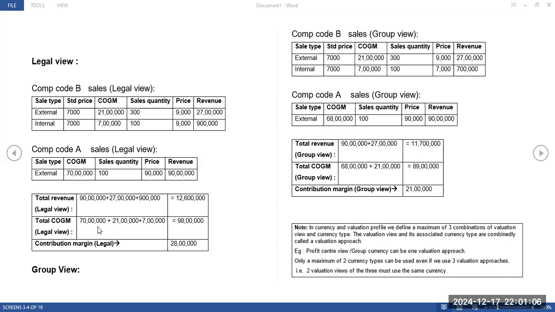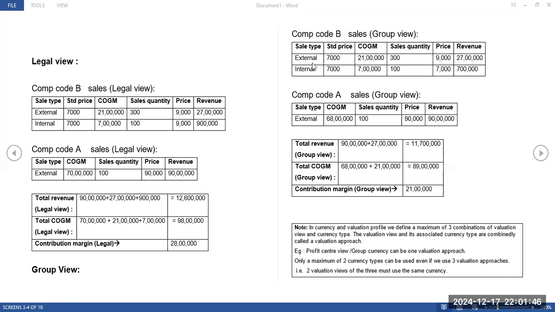Total COGM is 7 million from this, 2.1 million from this, and 700,000 from this one. If we total it and bring out the difference, it is around 2.8 million. So let's put 2.8 million.